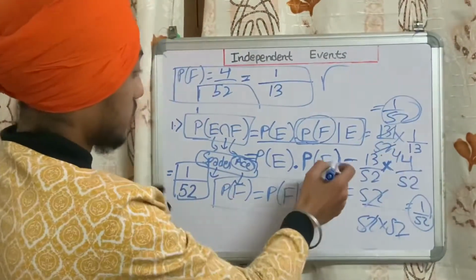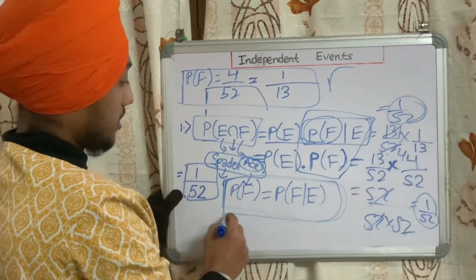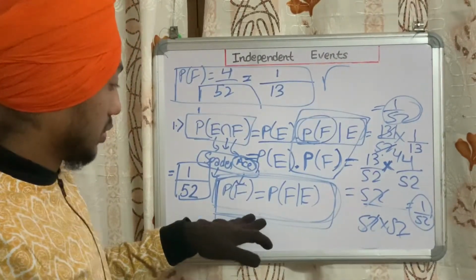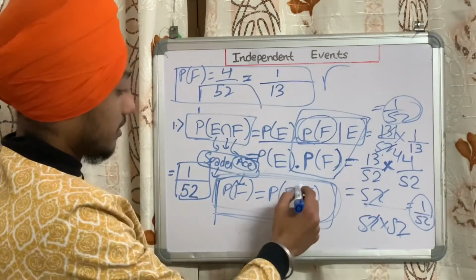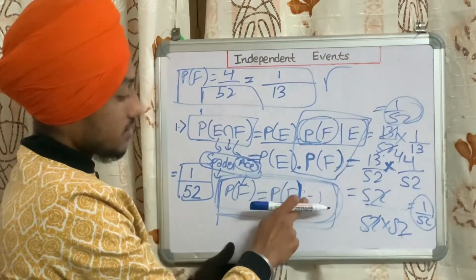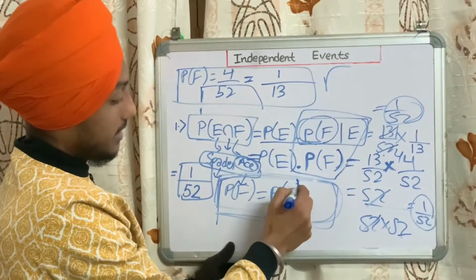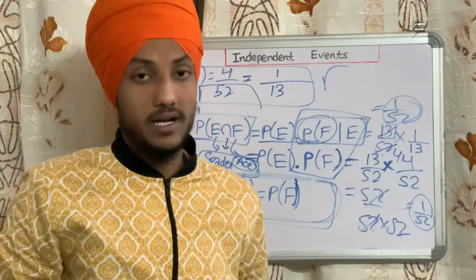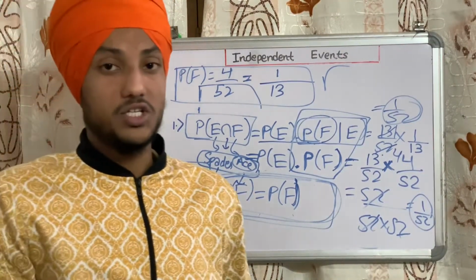So by using these two formulas we come to the conclusion that if the condition is not satisfied, this is our final conclusion from the independent event. When we use this sign of condition, we're going to just cut it, separate the remaining part, and use only F, such that the condition of E applied.